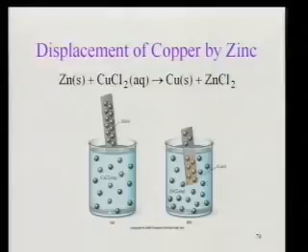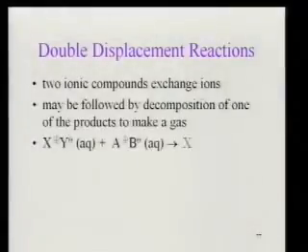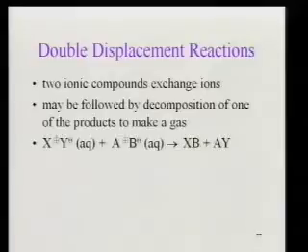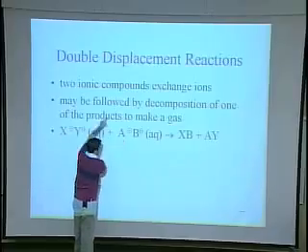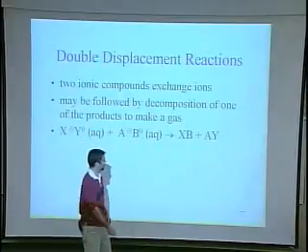Anyways, that's an example of a displacement reaction. A double displacement is when we just switch two of them up. I didn't have an actual chemical equation up here, but you can figure it out. If you have something positively charged and something negatively charged, positive, negative, take them, switch them. Take X and A and switch partners, and you got a double displacement reaction. You should be able to recognize that pretty easily.